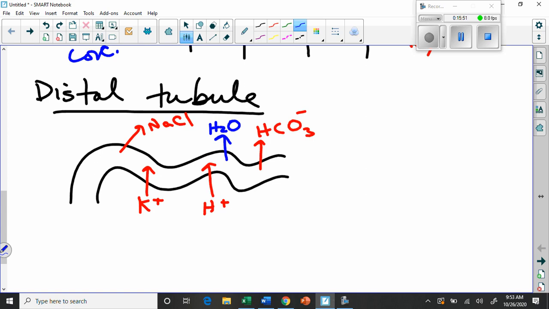It's very similar in the proximal tubule. What's really going on here, though, for the most part, is the recovery and management of some electrolyte balance, but also the pH. The bicarbonate and the H plus is monitoring the pH. So let's write down pH regulation.